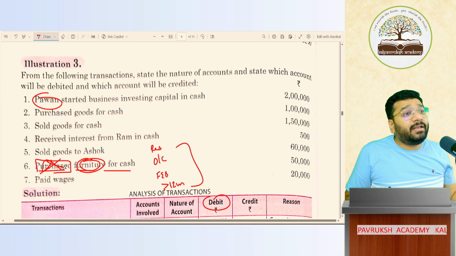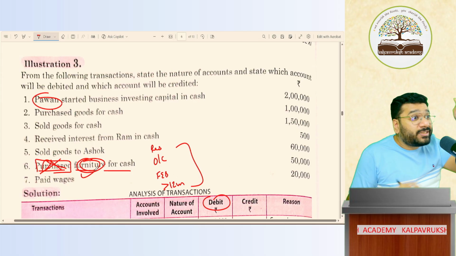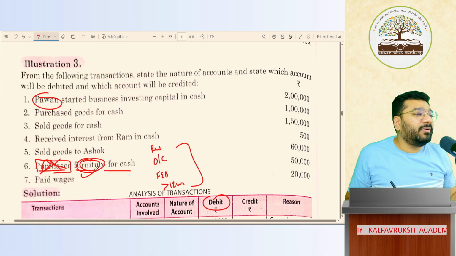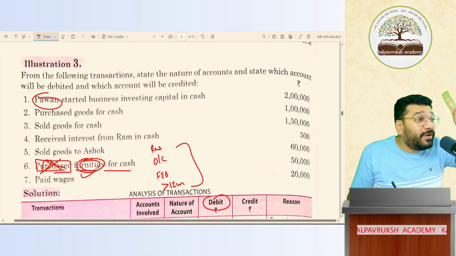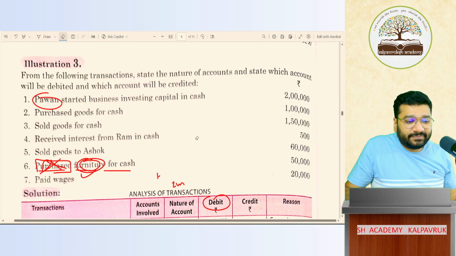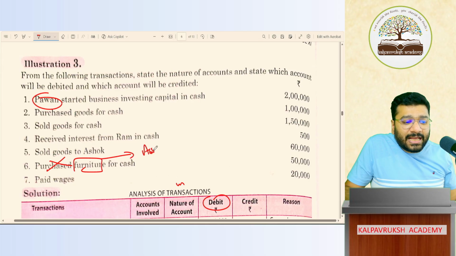Sir, had the question told Pavan is a dealer of furniture, then furniture here becomes goods, not asset. If it is goods, then this will go to purchase account. Got it, not got it? So here purchase account will not come because furniture is asset, as per modern rule.